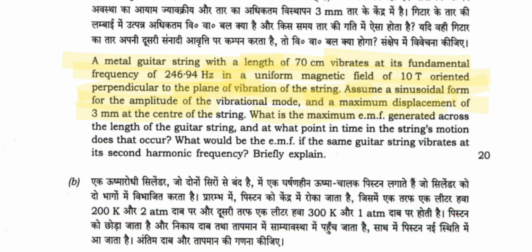What is the maximum EMF generated across the length of the guitar string, and at what point in time in the string motion does it occur? What would be the EMF if the same guitar string vibrates at its second harmonic frequency? Verify. So these are string related questions.